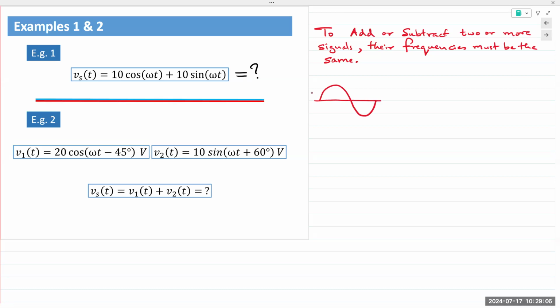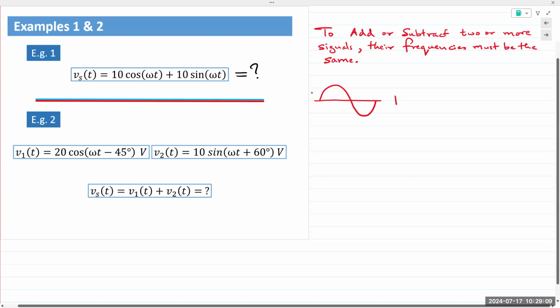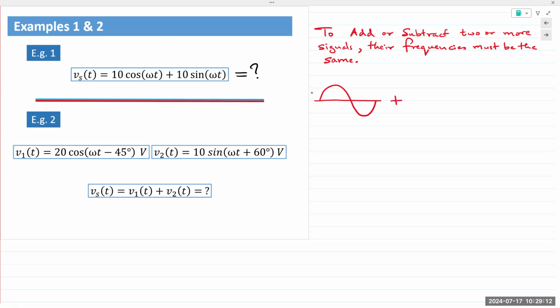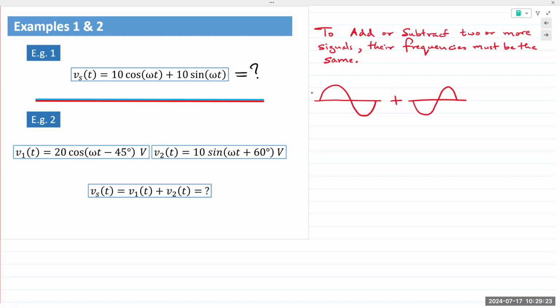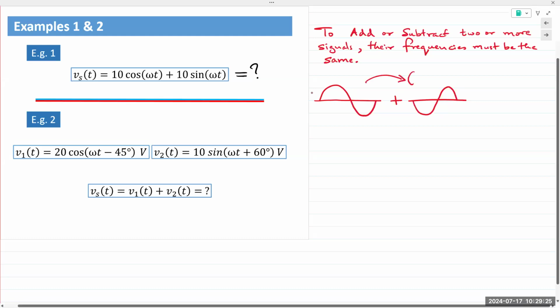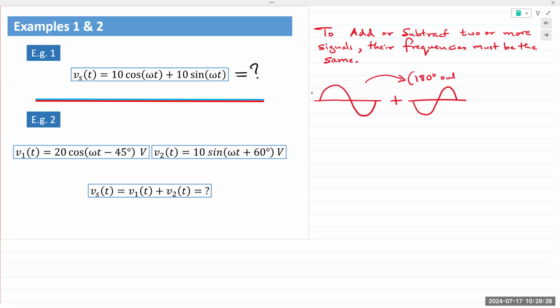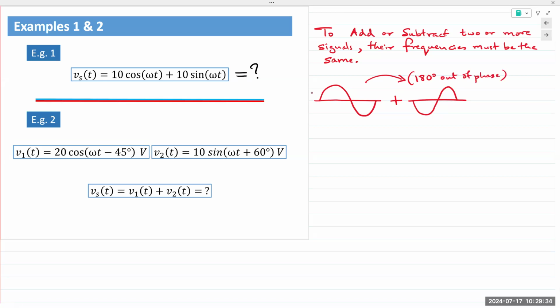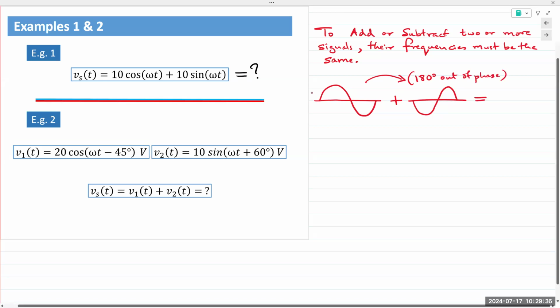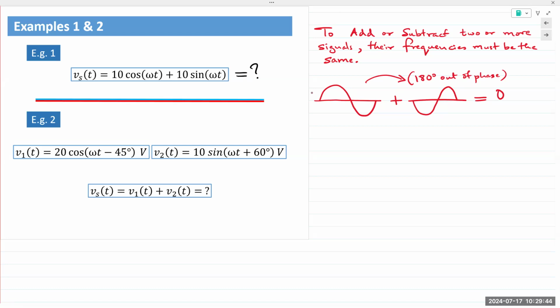This captured signal from the microphone is then passed through a circuit that changes its phase, meaning 180 degrees out of phase. Out of phase here indicates just the phase difference between the two. And you add it together, the result is 0. That's the basic principle of noise canceling technology.